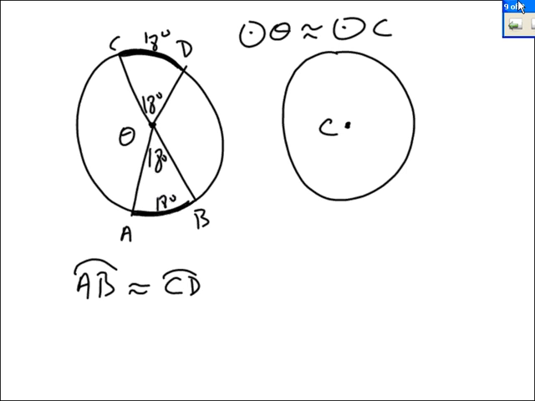What does that mean? They have the same radius.